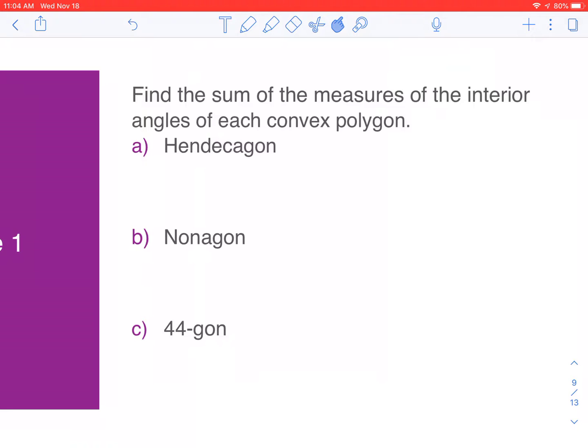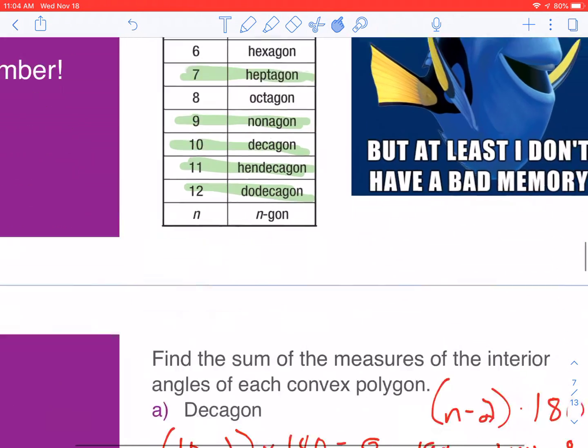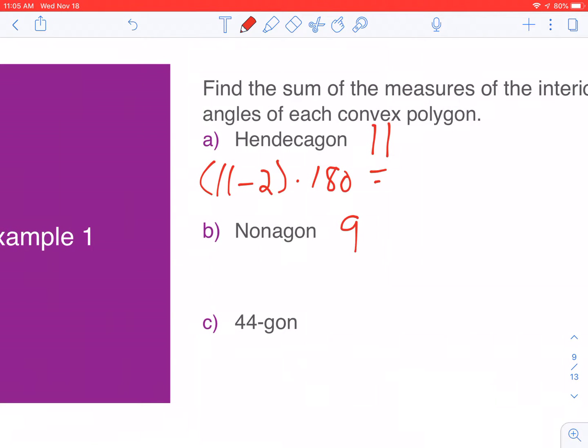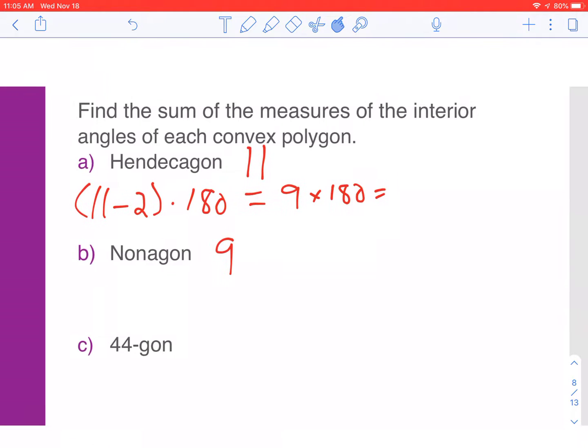Okay, now I want you guys to try the rest of these on your own. Hit pause. This is 11 sides, and this is 9 sides. All right. I'm just double checking that's 11. And yes. Okay. Which then will equal 9 times 180, which equals 1,620 degrees.